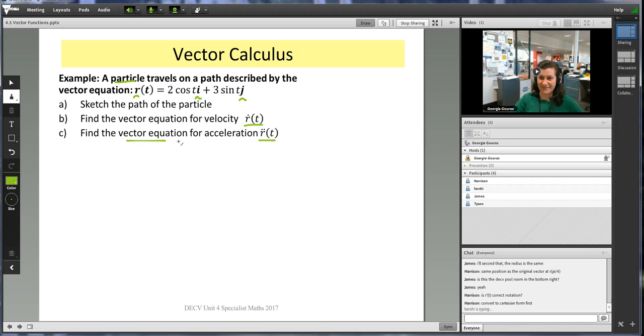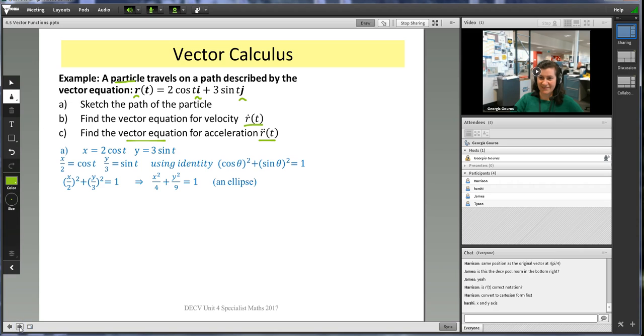Yep, Harry, you're right. Convert it to Cartesian form first. Yep, on the x and y axis. So you equate the x to the i component and the y to the j component. Now this one requires a little bit of manipulation.